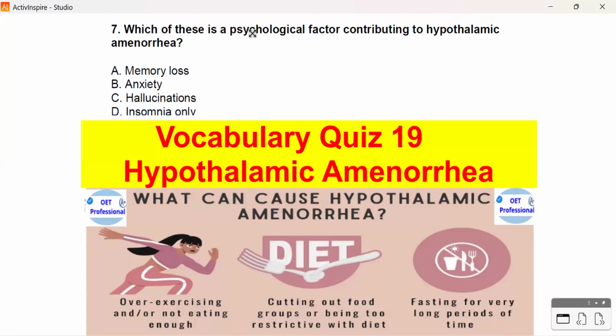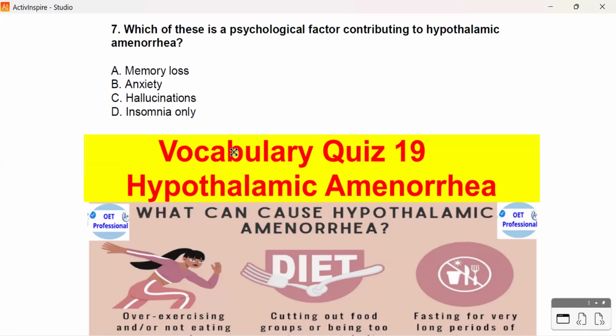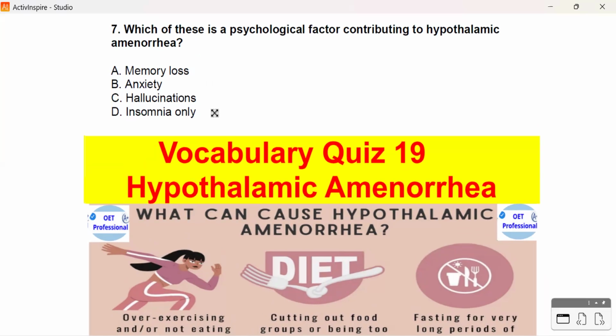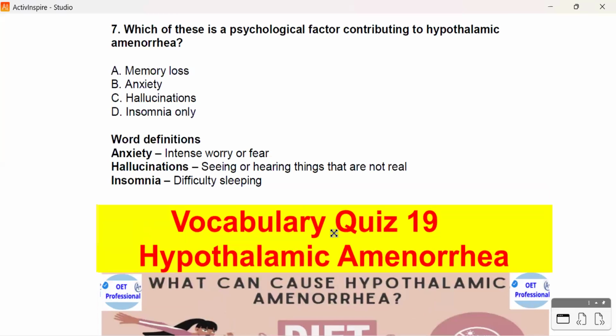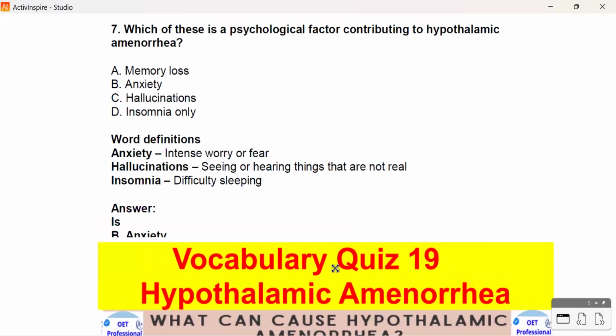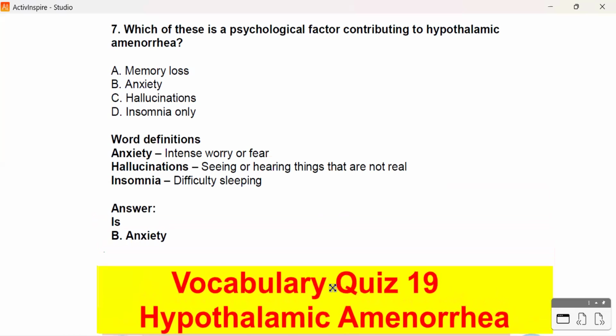Which of these is a psychological factor contributing to hypothalamic amenorrhea? Memory loss, anxiety, hallucinations, or insomnia only? The correct answer is anxiety.